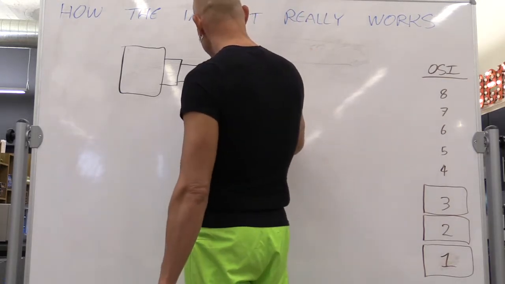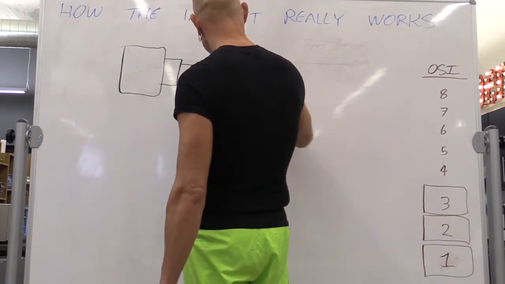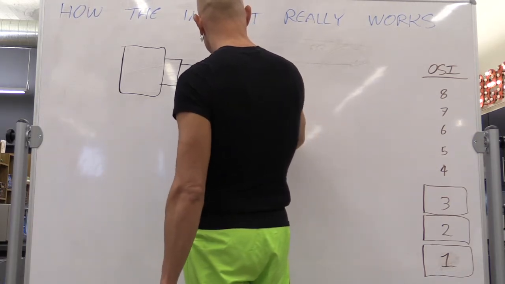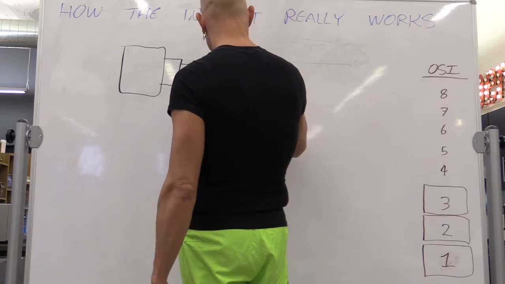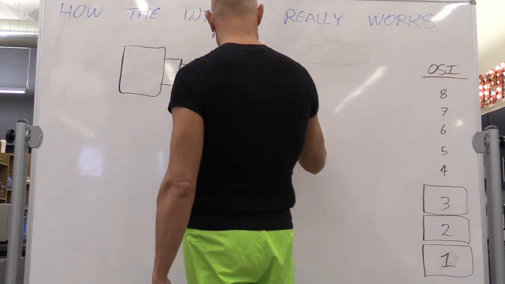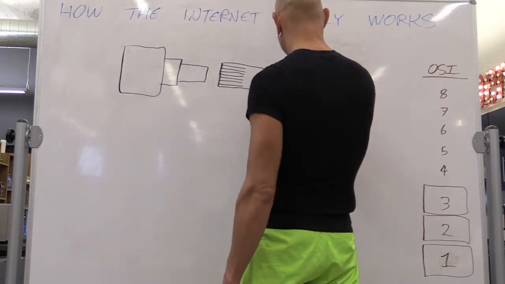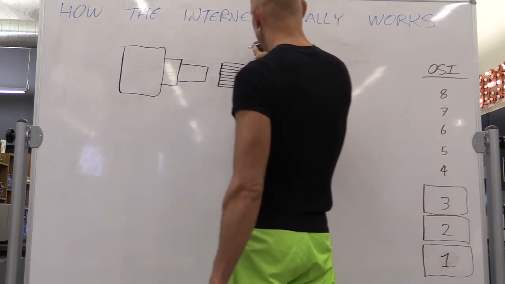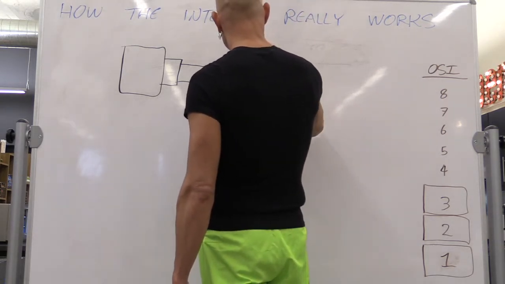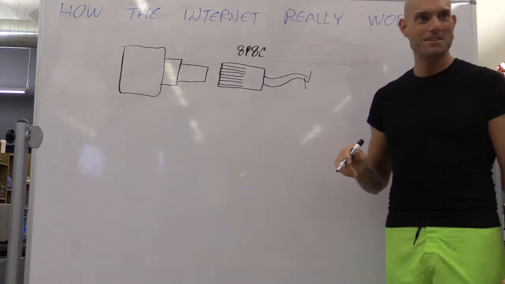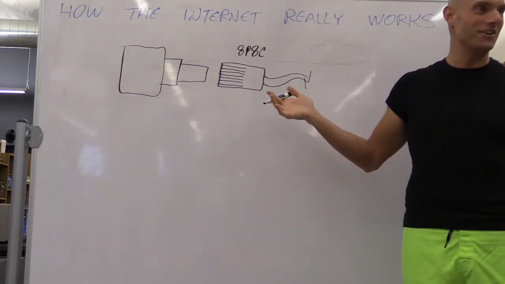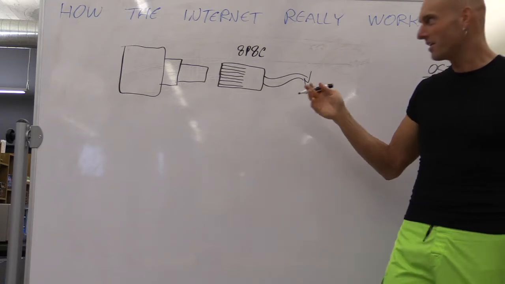And what plugs into an MDI is something called an 8P8C connector, also known as an RJ45 connector, RJ45S to be specific.